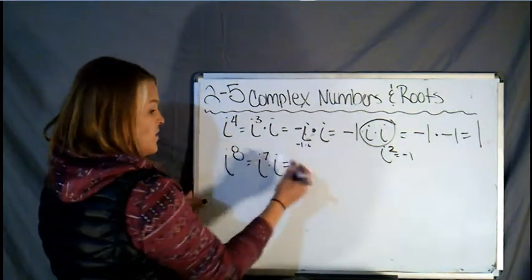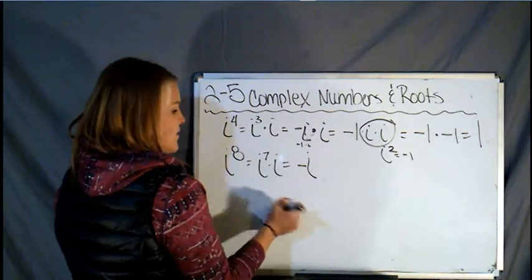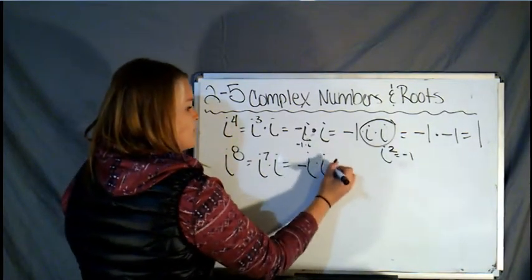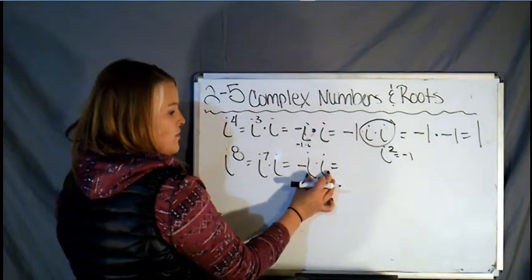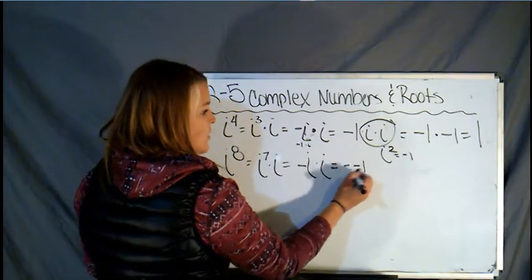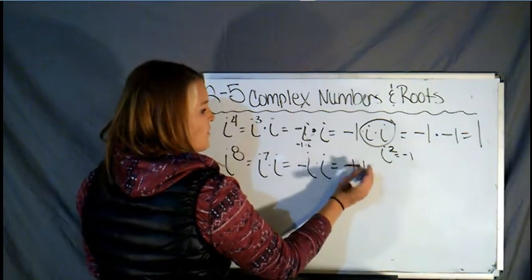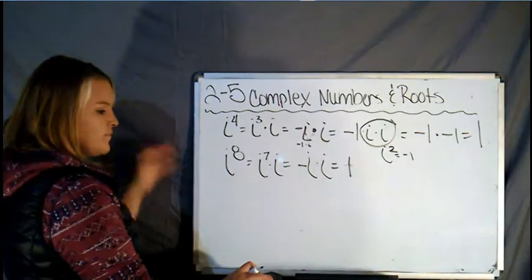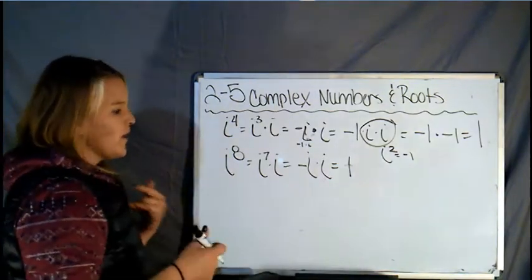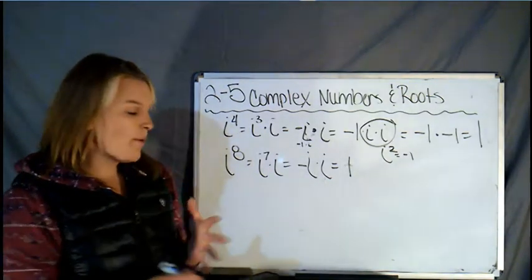And i to the 7th was negative i. Negative i times i. Well, i times i is negative 1. So we have a negative, negative 1, positive 1. So i to the 8th is 1. So if you look back at our answers for these, do you guys see a pattern forming?